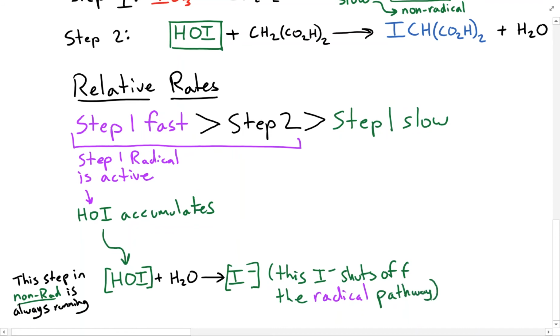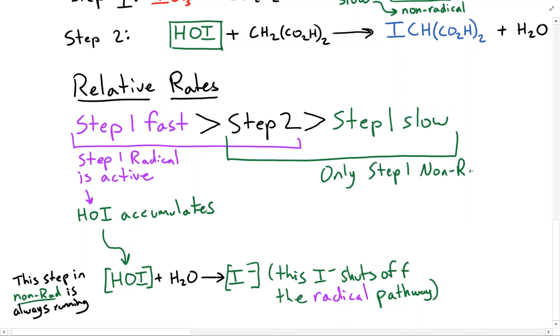When this I⁻ accumulates because of our HOI, the radical pathway, or the fast step 1, shuts off. This means that now we only have step 2 and step 1 slow going. So if only step 2 and step 1 slow are going, then only step 1 non-radical, or the slow one, is active.